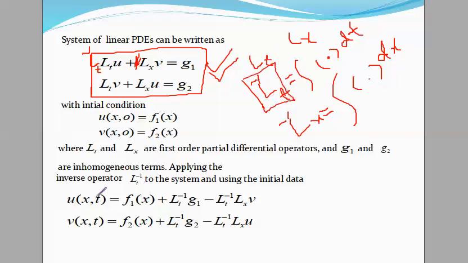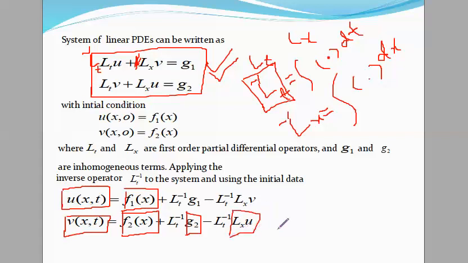You can see here, when you apply the inverse operator on this, you get u. This is u, which depends on x and t, and is equal to f1 of x plus L inverse t on the source term minus L inverse t on Lx v, and the second equation can be written. v, a function of x and t, is equal to the second function f2 of x, plus the inverse operator on the source term g2, minus the inverse operator of t on Lx u.